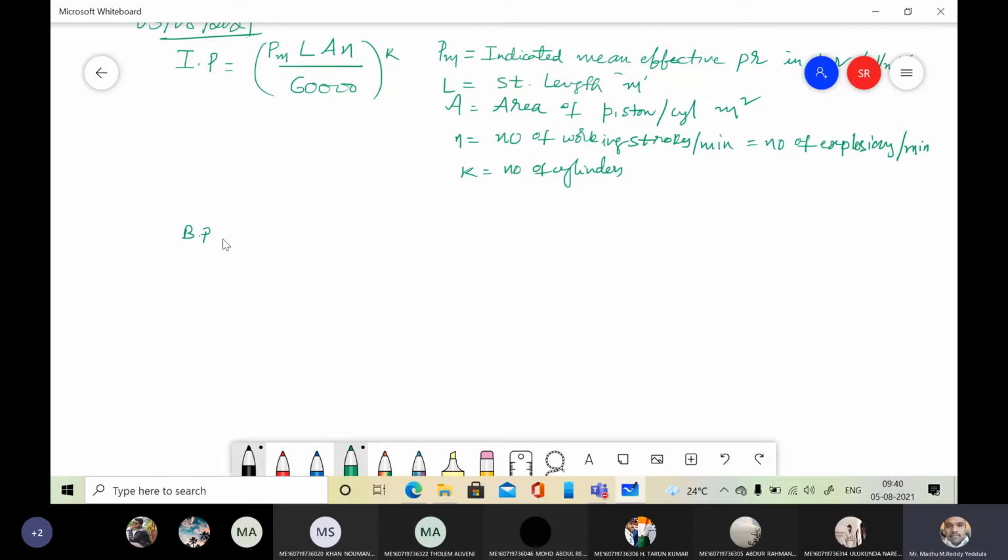Next, brake power. We can calculate brake power using two devices. One is the Prony brake dynamometer, and the second one is the rope brake dynamometer.